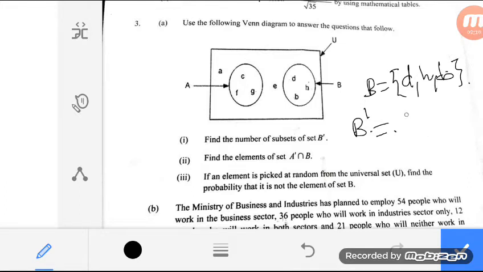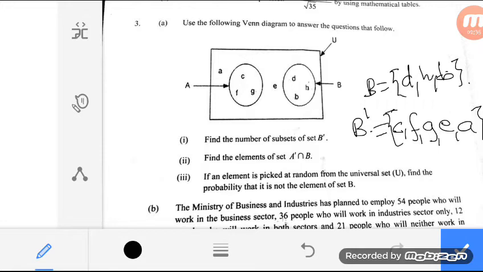So B complement are those elements which are not in B, which are not D, H, and B, and those are C, F, G, and E and A. These are the B complement elements: C, F, G, E, A.